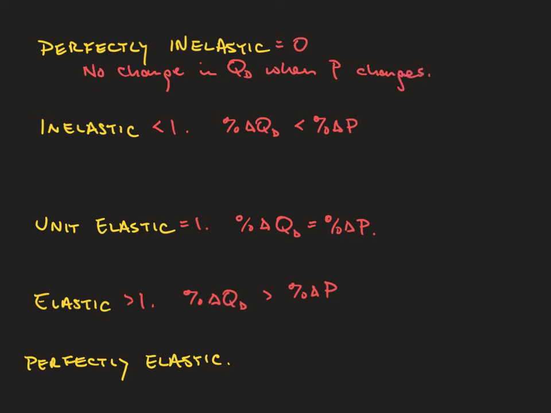Demand is completely unresponsive to price. Now, if I had to give an example, this is someone who needs a medication and will pay for that medication at any price. A diabetic's demand for insulin might be perfectly inelastic. A type 1 diabetic needs insulin to live.